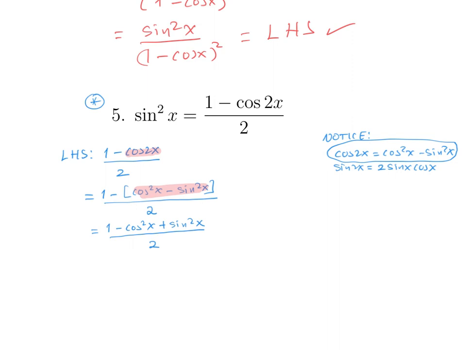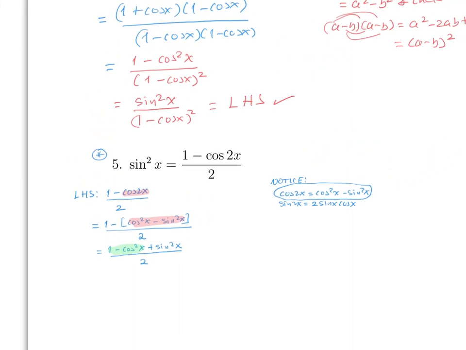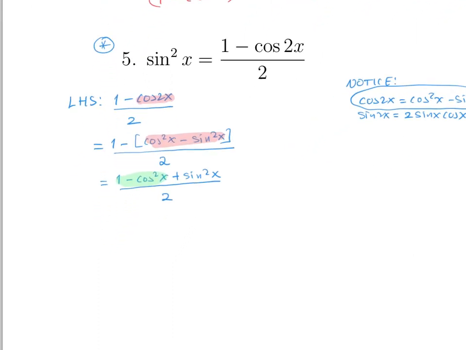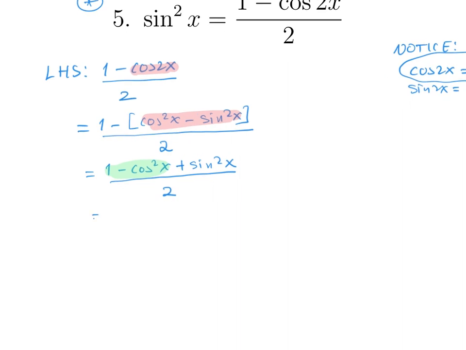Now, this will be the third time that we use this identity. Remember that 1 minus cosine squared, which is the one we used in the previous problem, is equal to just sine squared. So that will be the green part.